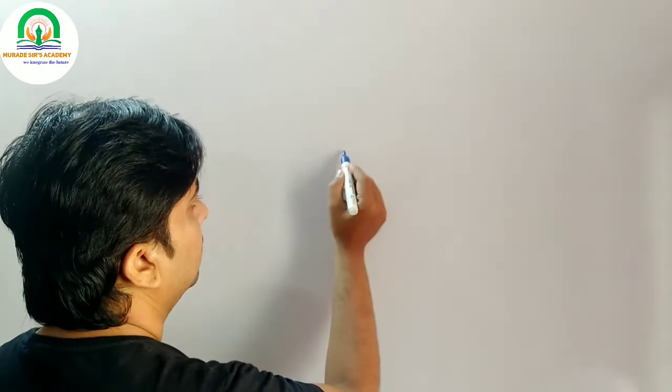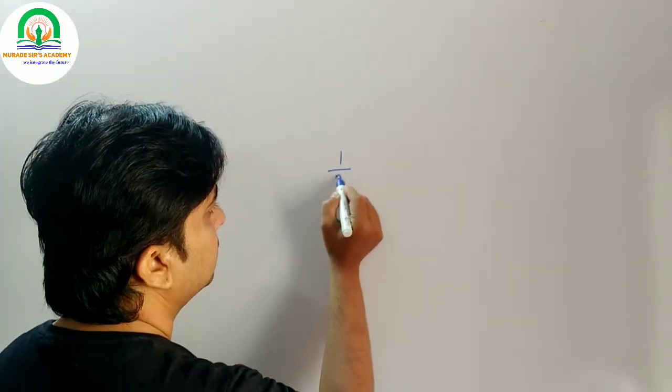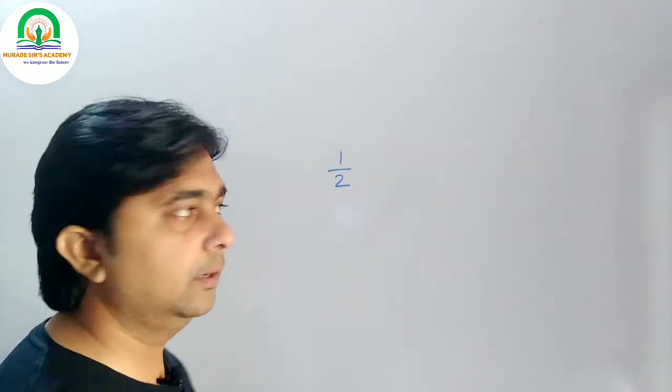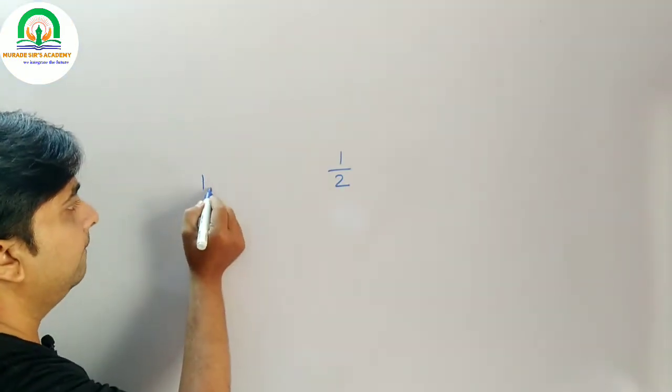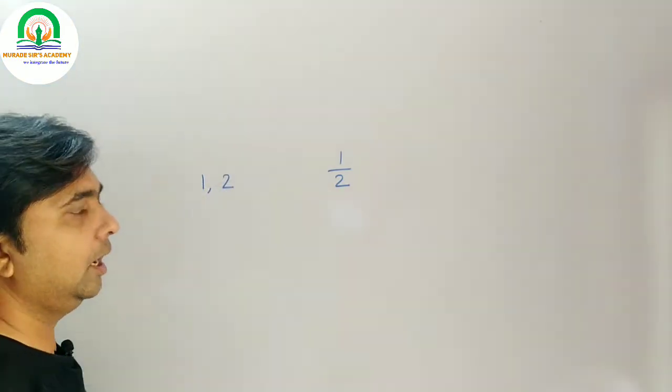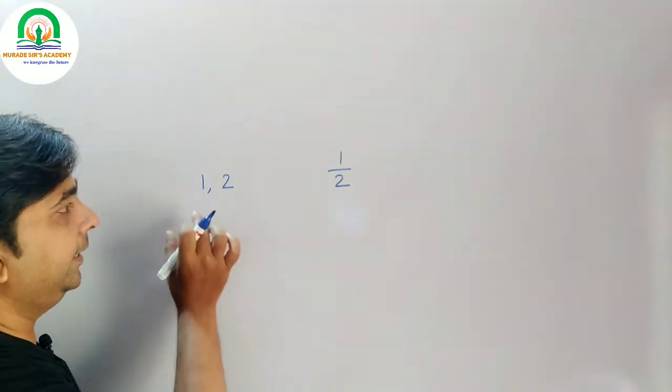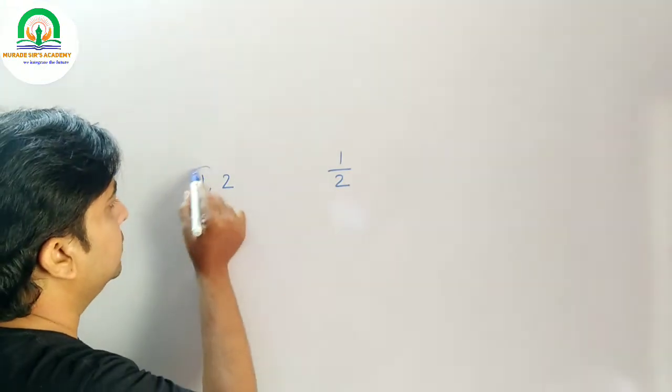Okay, what is meant by a fraction? It means 1 by 2. This is a fraction number, where 1 and 2 are whole numbers. I take a part of this whole number.